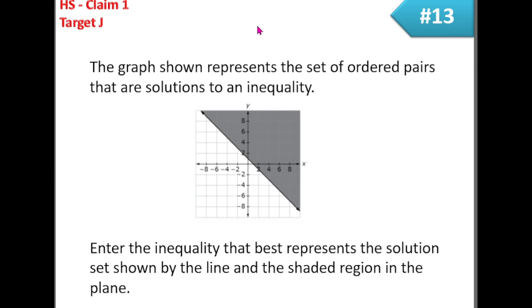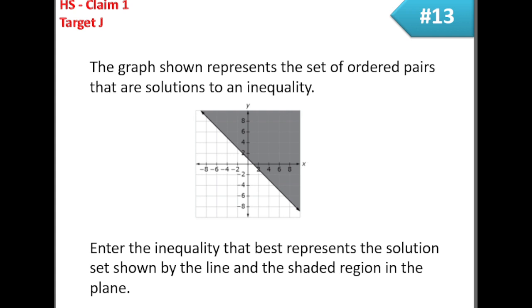The graph shown represents a set of ordered pairs that are solutions to an inequality. Enter the inequality that best represents the solution set shown by the line in the shaded region in the plane. I should have said this at the beginning, but try this first on your own without me. So pause it and then work on it.